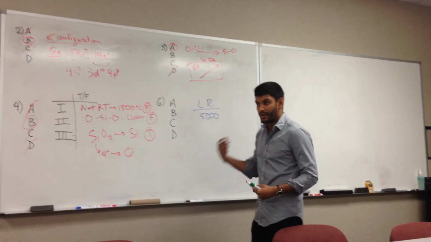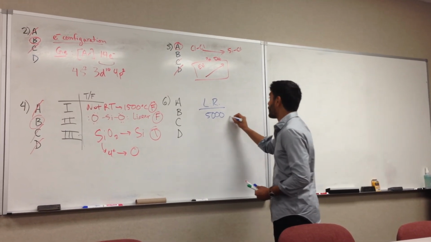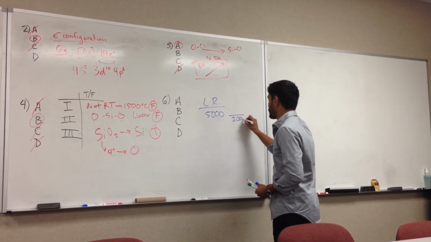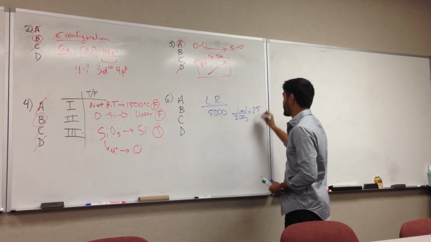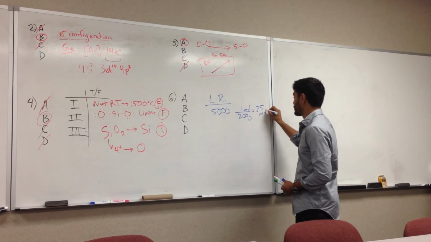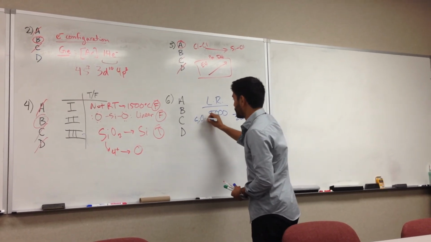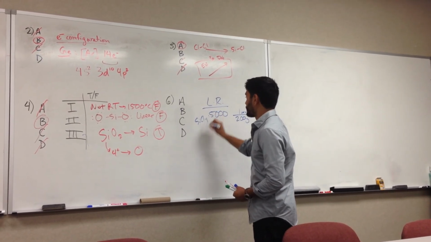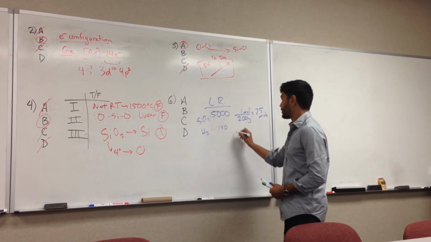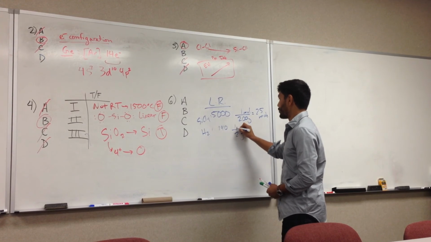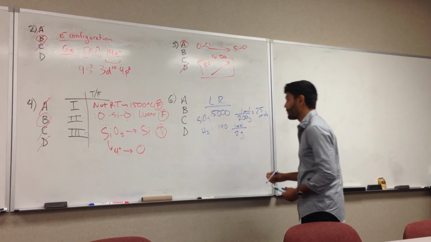SiCl4, it's approximately 170 grams per mole, but we're going to say it's 200 grams per mole. So we find that SiCl4 is 25 moles. Okay? So H2, we start with 140. The molar weight is 2 grams per mole.